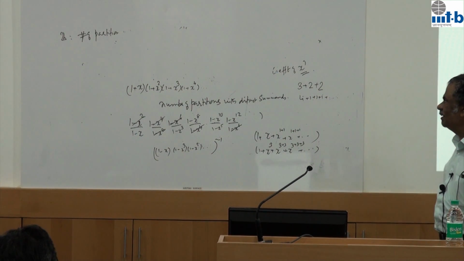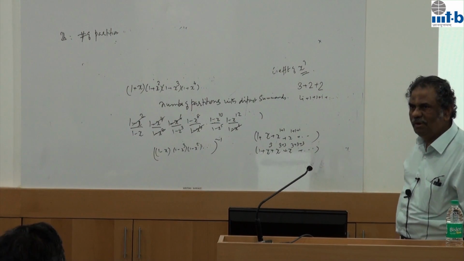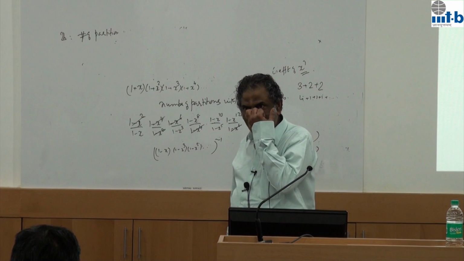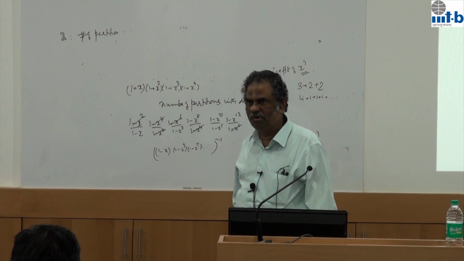Therefore, that is exactly the theorem which Euler proved, that the number of partitions with distinct summands is the same as the number of partitions with odd summands.